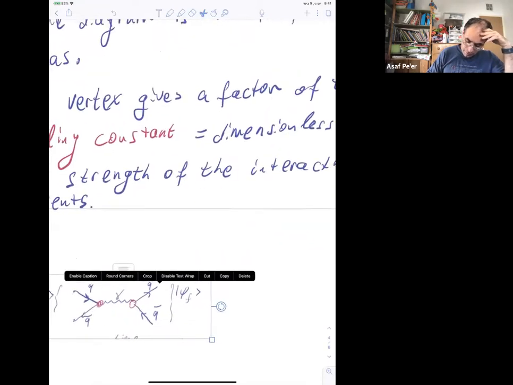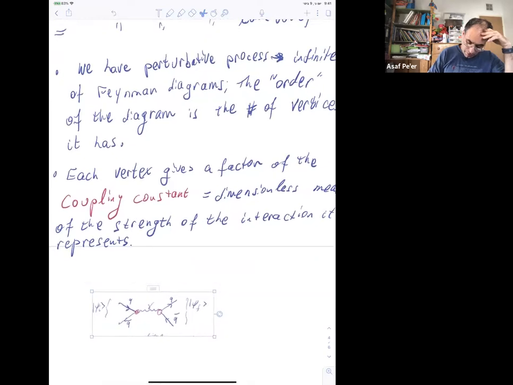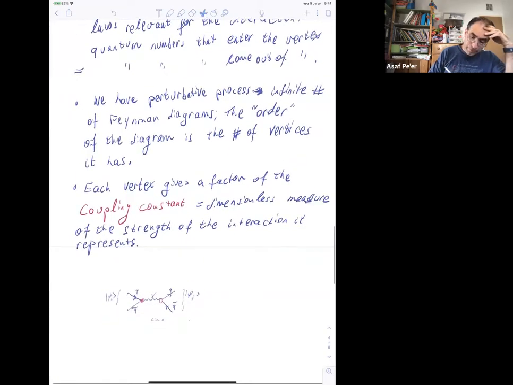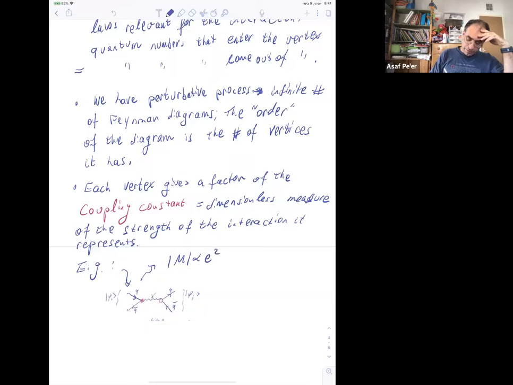Okay, so for example, in this diagram, we have that the matrix element M is proportional to E squared, because we have one contribution of E from here and one from here.